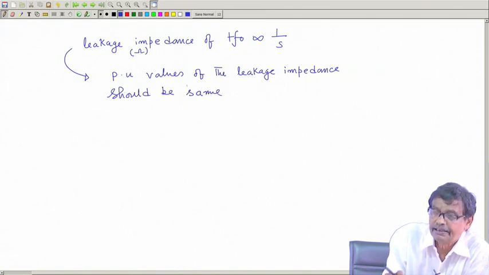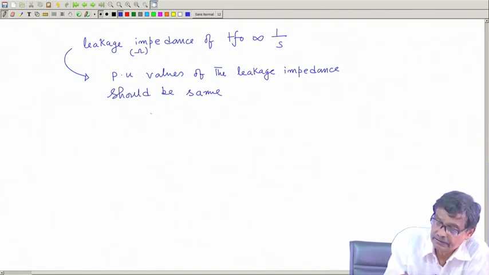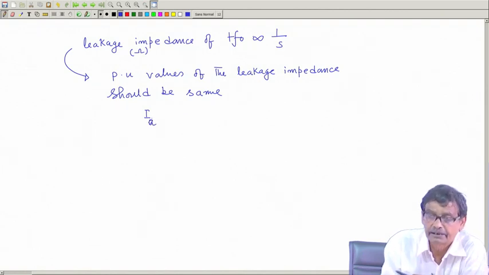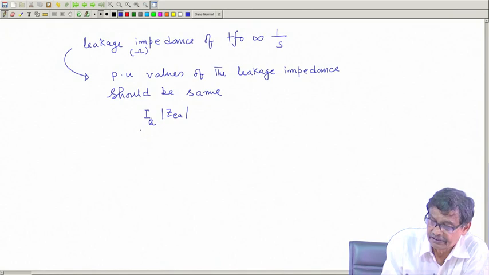This is one and the same thing, because you know the per unit value of impedance for transformer A will be IA rated current into magnitude of jXA, with respect to the rated voltage of that side.